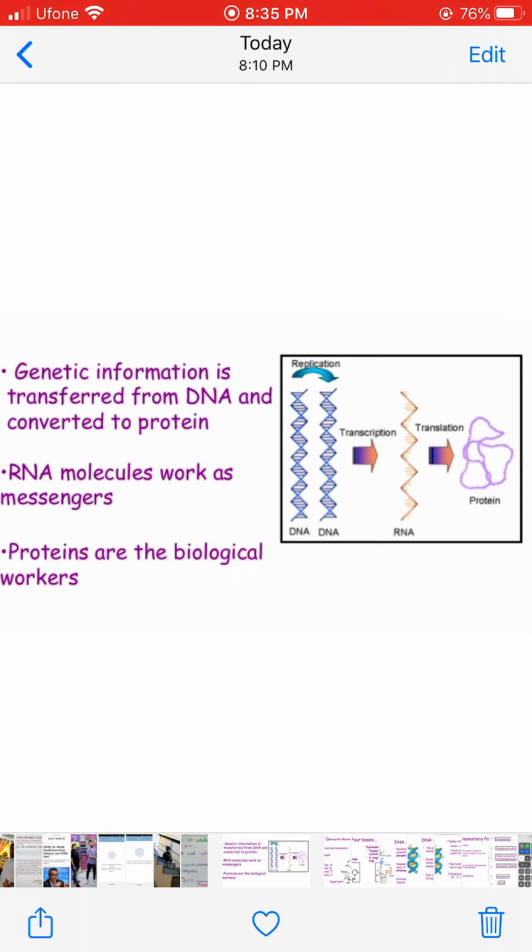The overall process of replication is done, and we get many copies of DNA. And this DNA is then further converted into biological workers, which are proteins, by undergoing the process of the central dogma of molecular biology, one by one. Firstly, transcription, then translation.